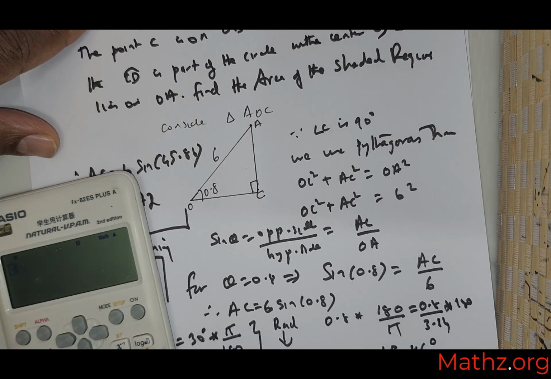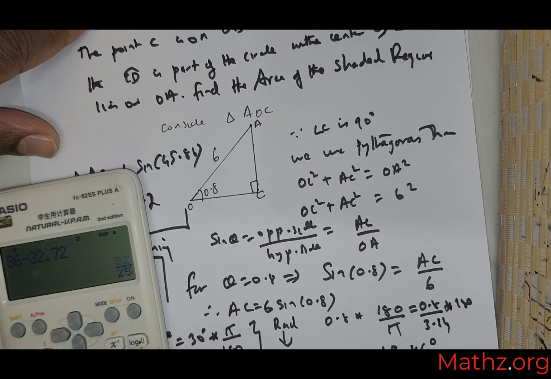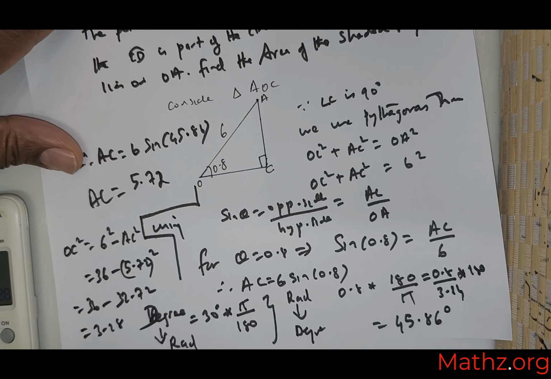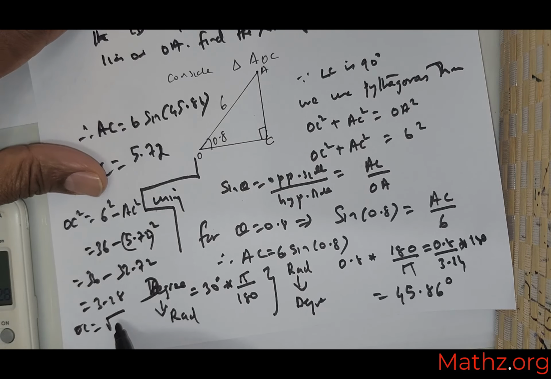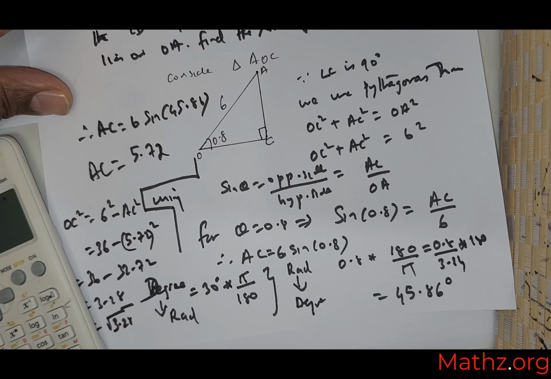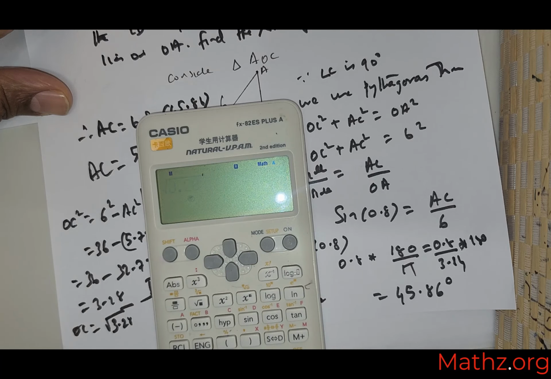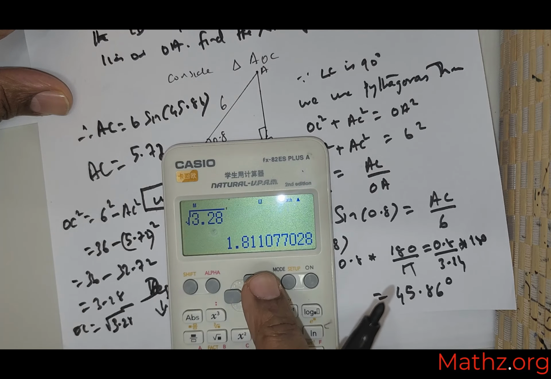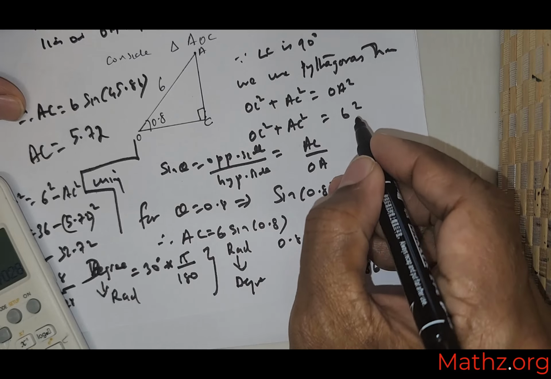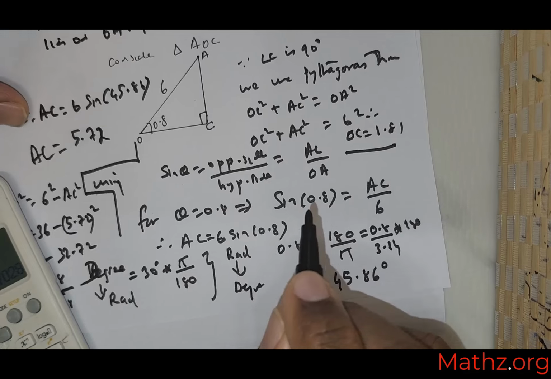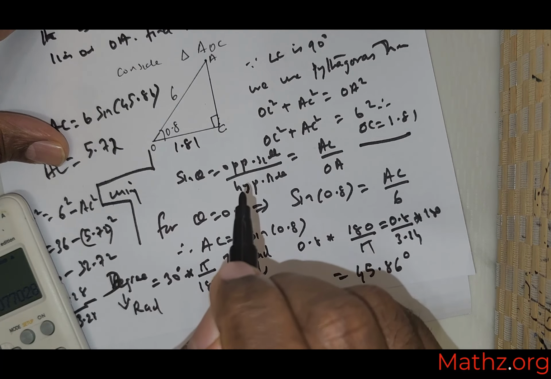So 36 minus 32.72, what do we get? That is 3.28. But we need OC. So OC is equal to the square root of 3.28. What is that equal to? That is 1.81. So therefore OC is 1.81. So 1.81 I have got.